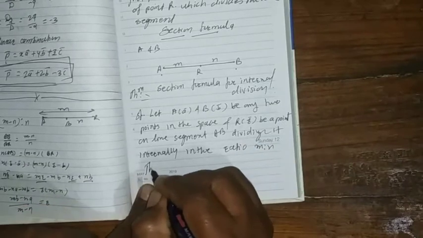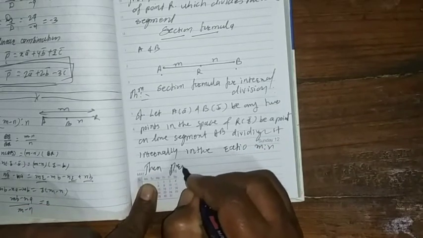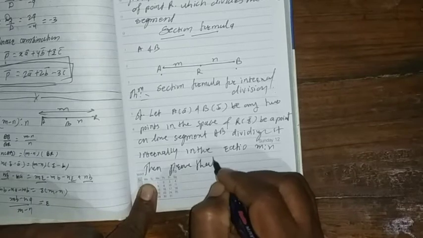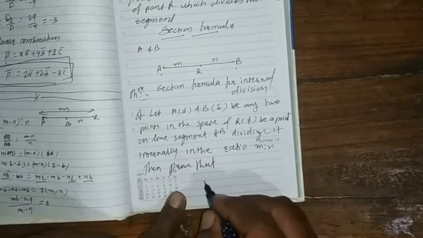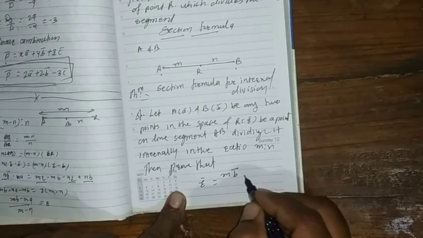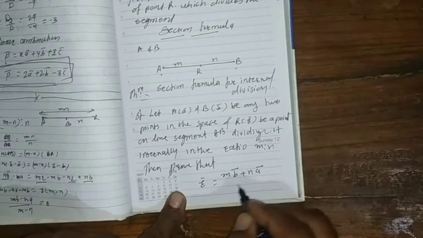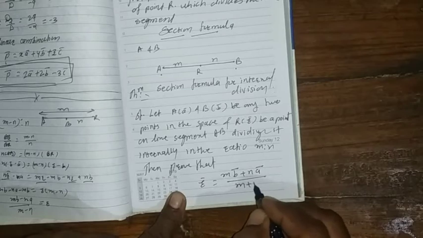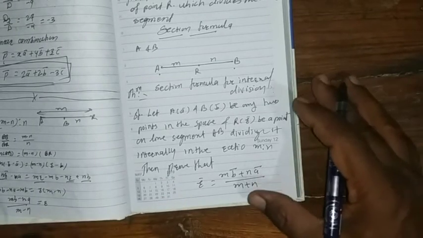Then prove that vector R is equal to m vector B plus n vector A divided by m plus n. We have to prove this theorem.